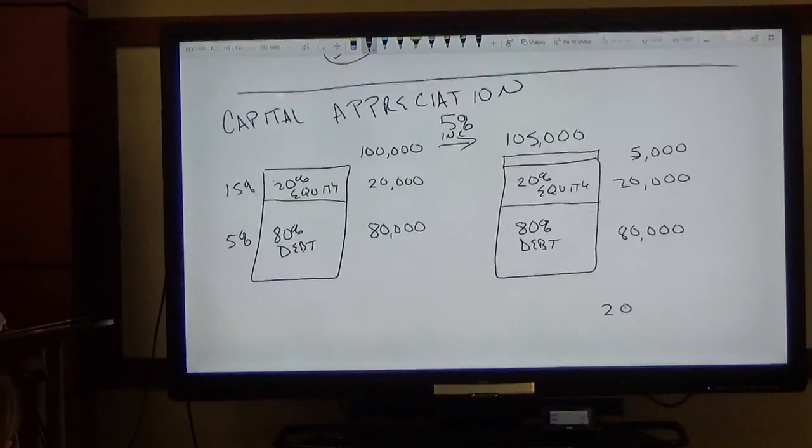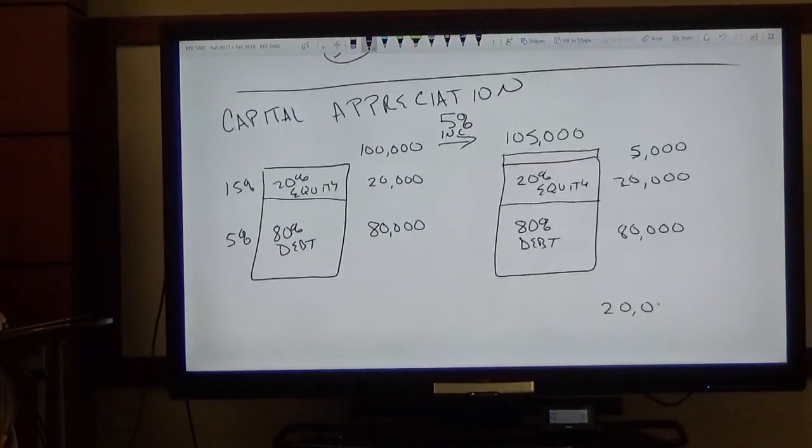We originally put in $20,000. And without really doing anything extra, our return on equity would get an extra 20%, just from the capital appreciation. Does that make sense?